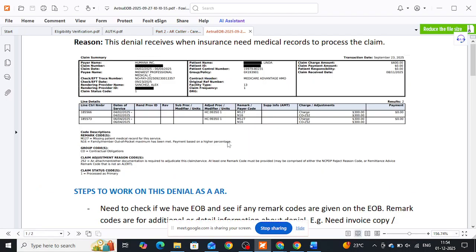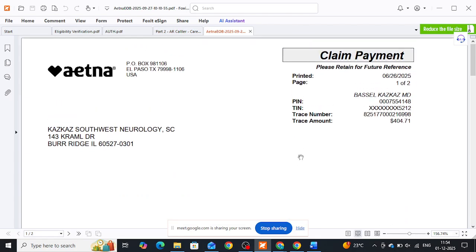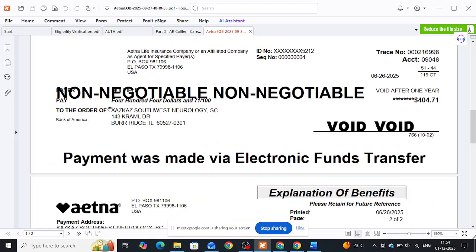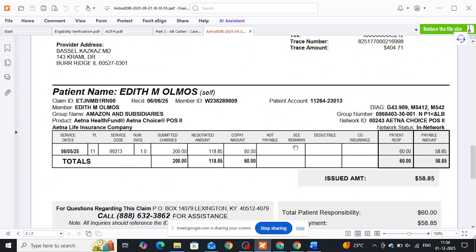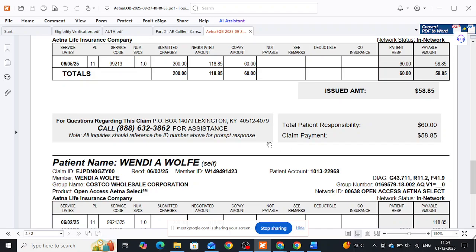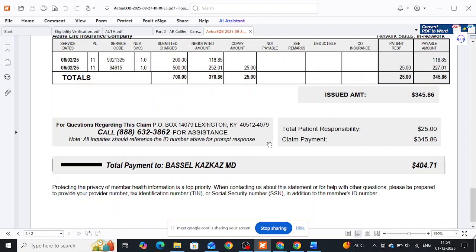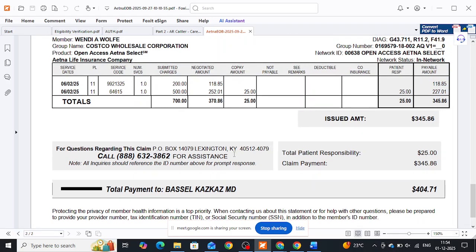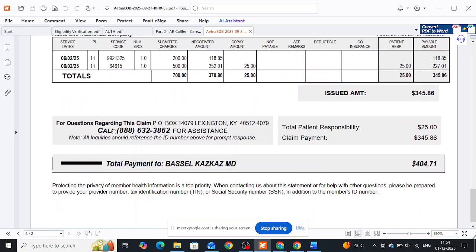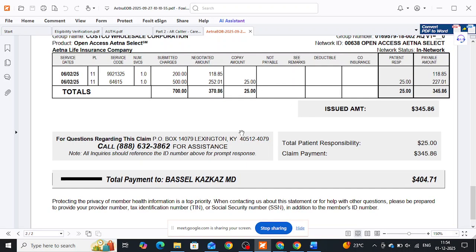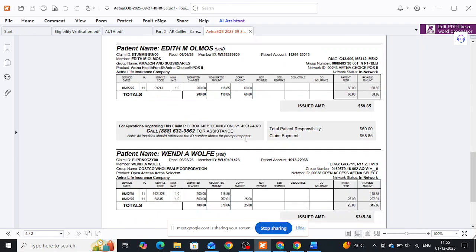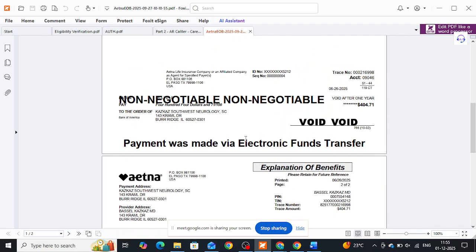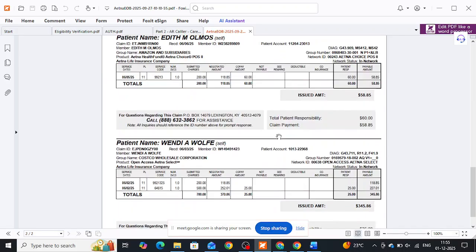This is the Aetna EOB. Okay, they have given only the address and the phone number, but if a claim gets denied for any other information or something they want from the provider, then generally they give the fax number also here.